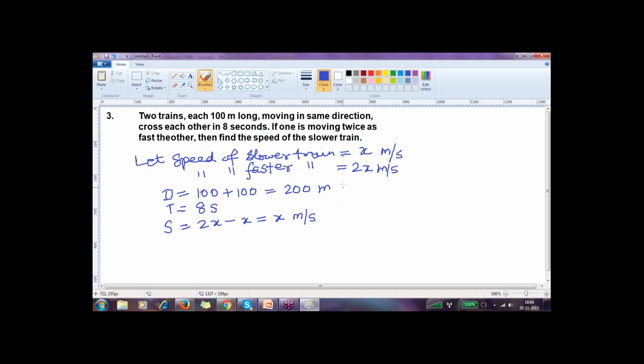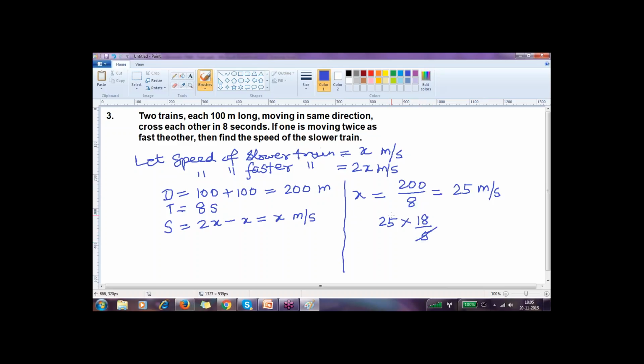Okay, now let's solve this. So here I have x is equal to 200 by 8, which is equal to 25 meters per second. If I have to convert it to kilometers per hour, I'll have to multiply by 18 by 5, right? This is the magic factor.